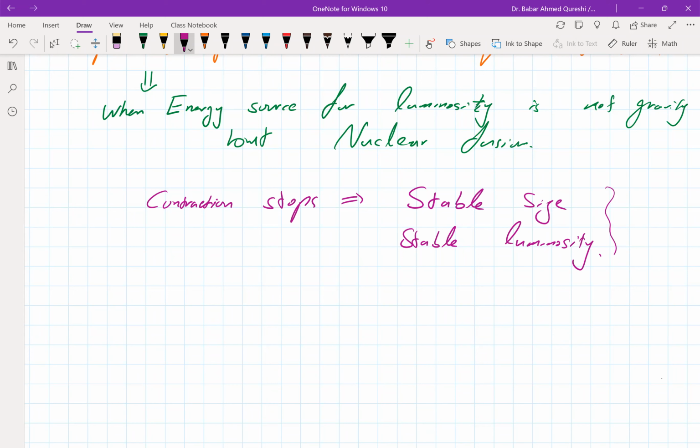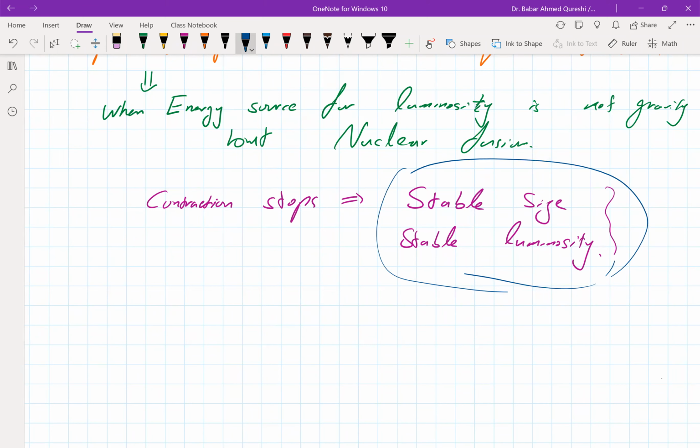The reason is again because you are running out of fuel, and so that's why the sun in the past was less bright compared to now. Over time, its brightness is slowly increasing, but this is a very slow change. Anyway, pretty much stable size and stable luminosity.